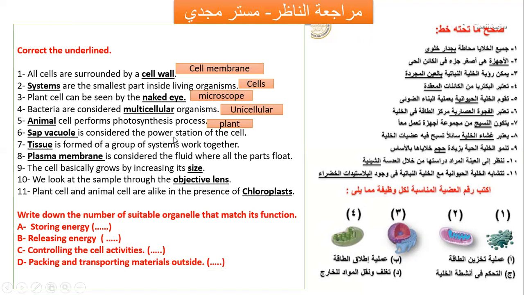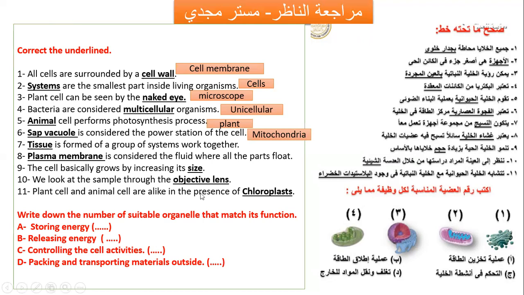Subvacuole is considered as the power station of the cell. Is it subvacuole or what? Power station of the cell. Yes, mitochondria. Mitochondria is the power station of the cell. Tissue is formed of a group of systems. A group of systems. What is a group of systems? Yes, the whole body, the human body.